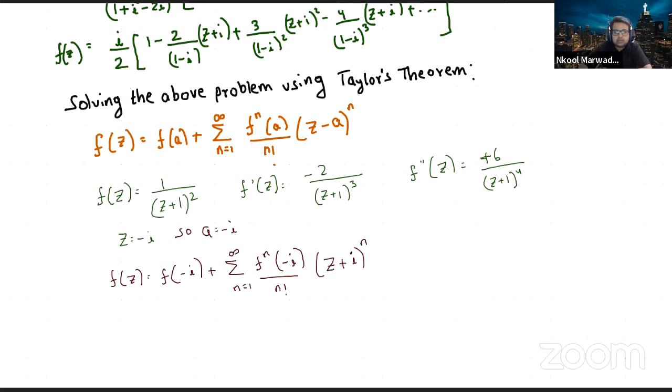Now see, function I know, so f of minus i will be 1 upon (minus i plus 1) whole square, plus f dash of minus i upon 1 factorial into (z plus i) to the power of 1.